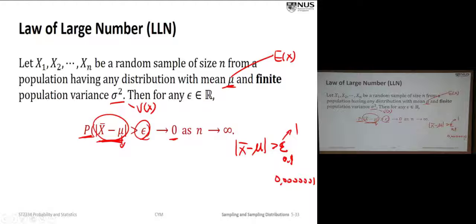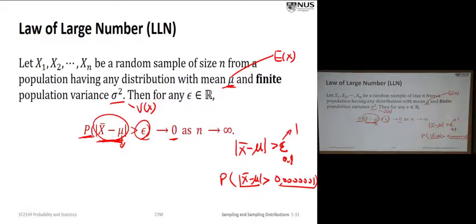So I try to look at how likely it is that your x bar is very close to mu, so that the chance of this difference being greater than this number is very small. That means it's unlikely that your x bar is too far away from mu, provided that your n is big.